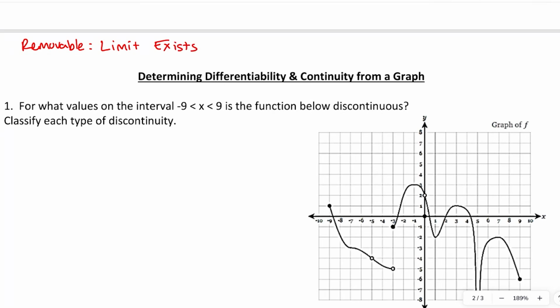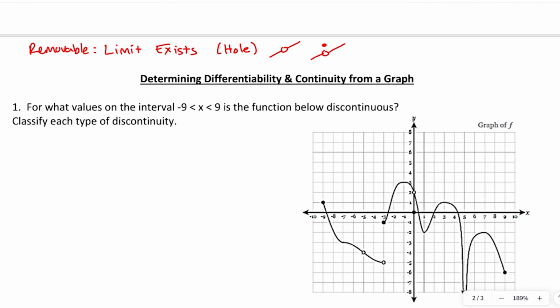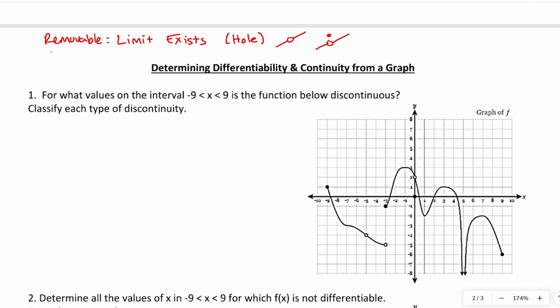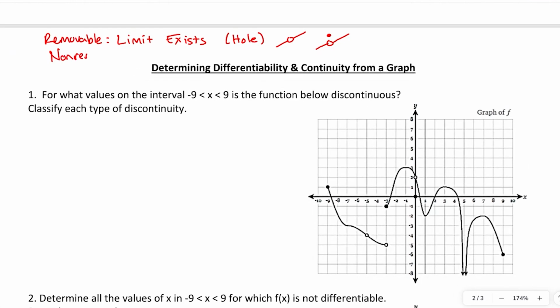Typically these occur at locations where we have a hole, either just a straight up hole, or a hole where the function's defined elsewhere. Both of those scenarios are more or less classified in the same category here. They're both removable. Non-removable discontinuities are where the limit doesn't exist.